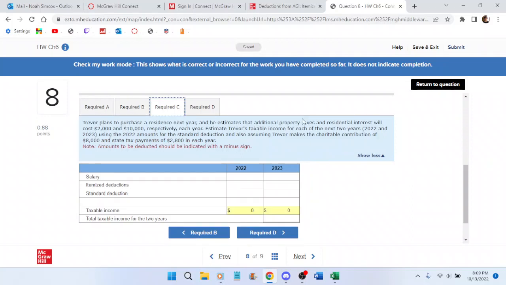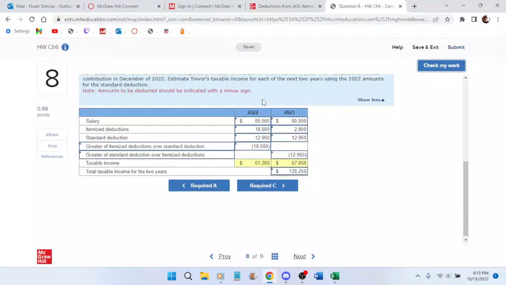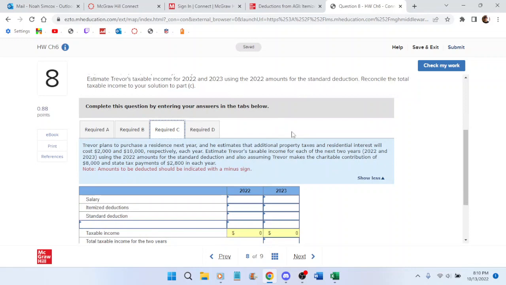Next scenario. Plans to purchase a residence next year. He's going to purchase a residence.